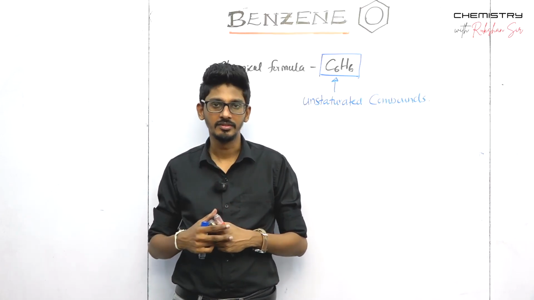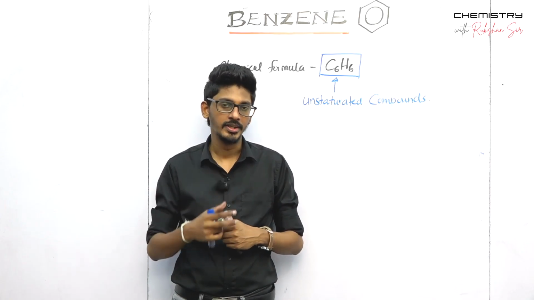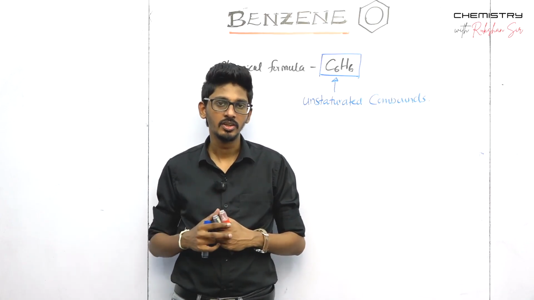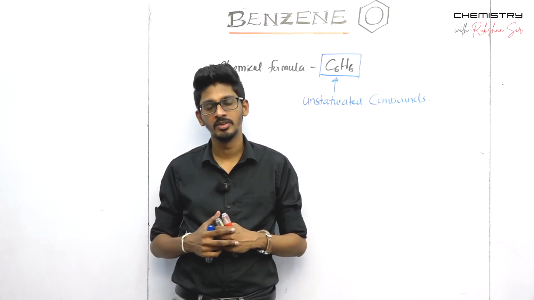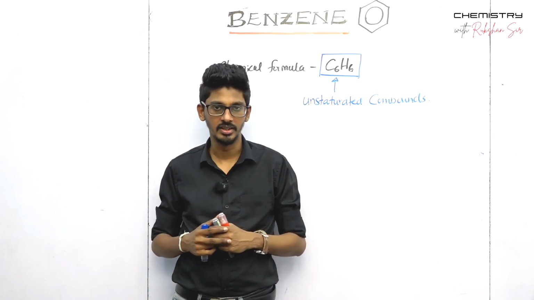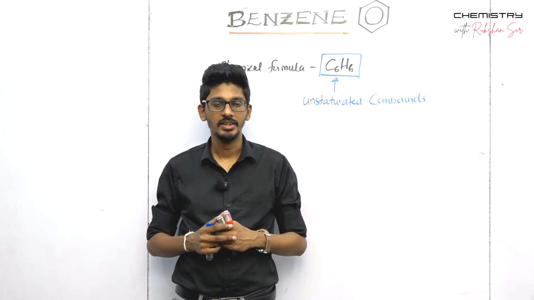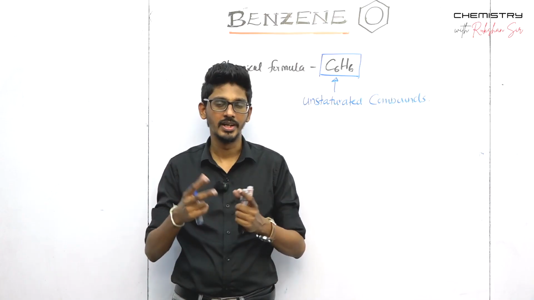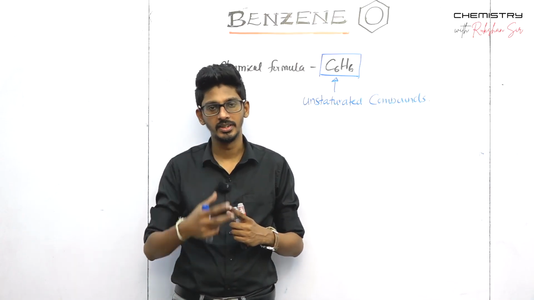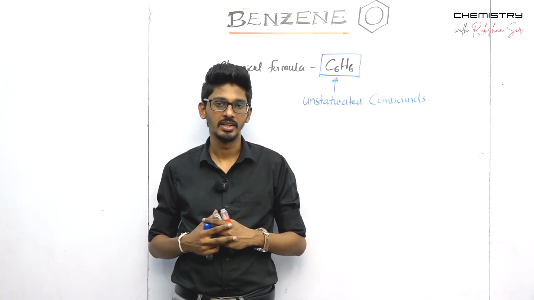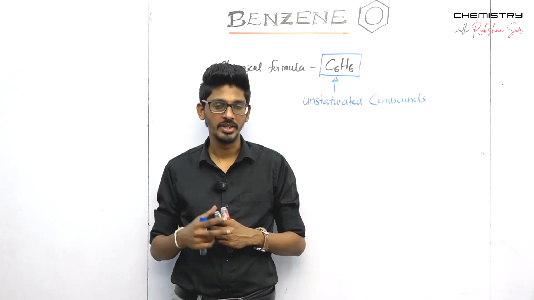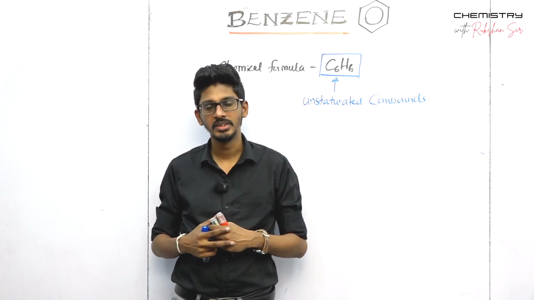Another test we had discussed is adding basic KMnO4, which is purple in color. If you add basic KMnO4 to alkenes, where you find carbon-carbon pi bonds, the KMnO4 reacts to produce the diol.